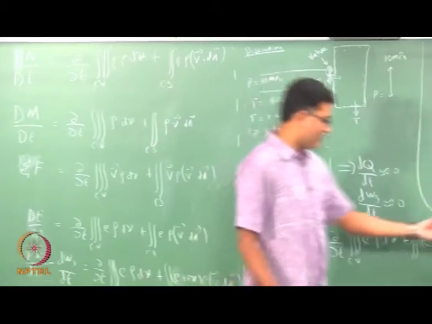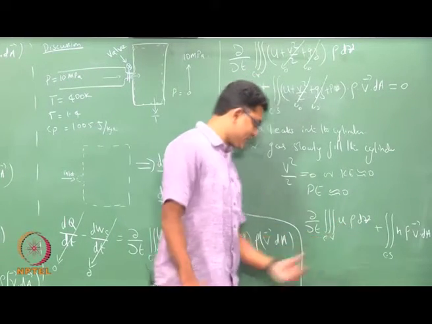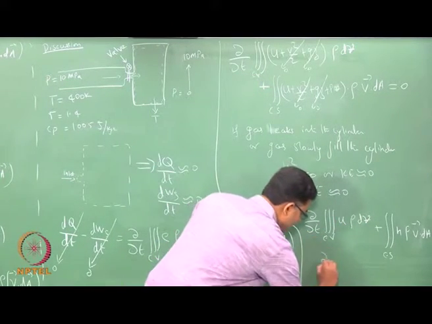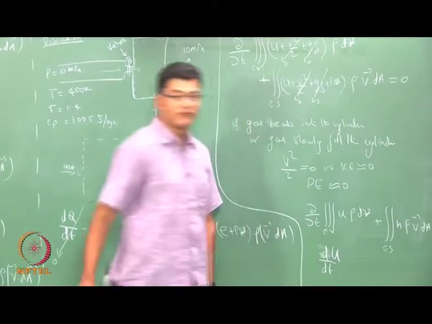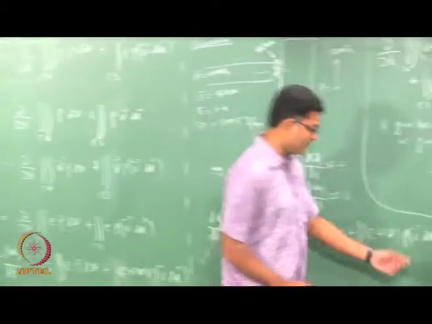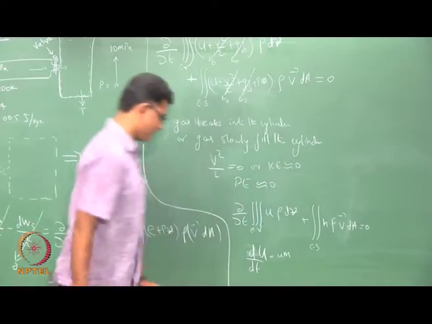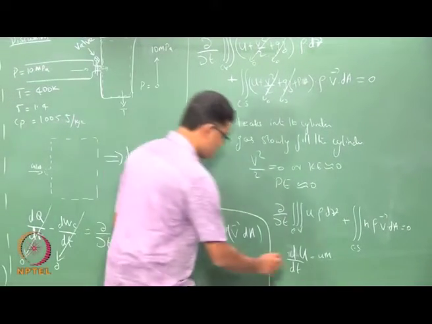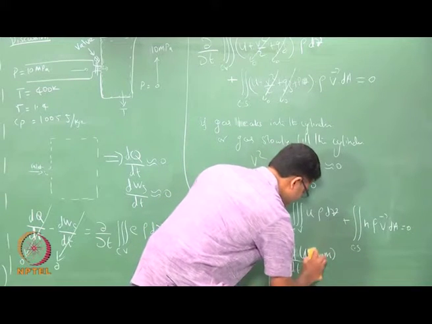Now, this is the internal energy per unit mass, so this is d by dt of the full mass: u is nothing but small u into m.